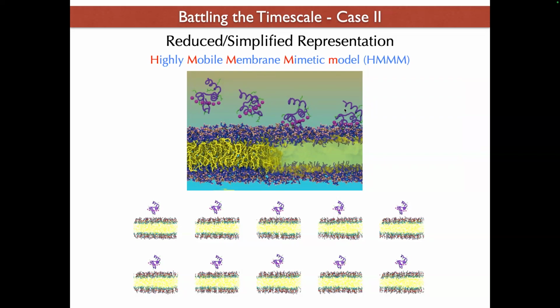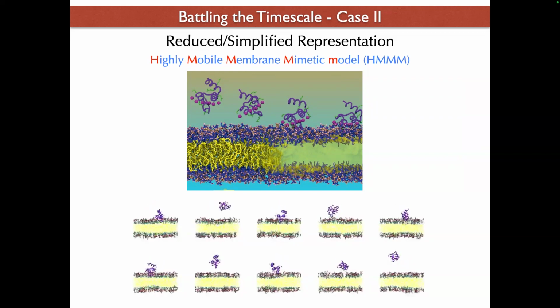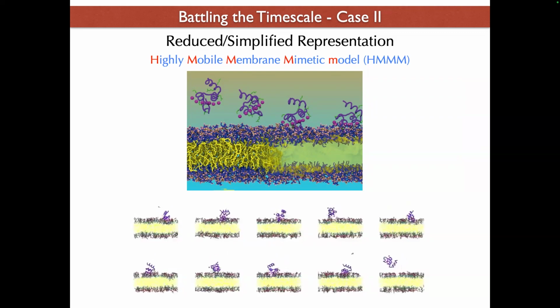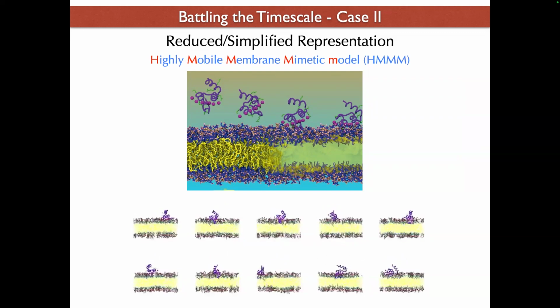We can cut them and fill that area with solvent. We called it by a terrible acronym, HMMM. I can't change it anymore, unfortunately, it's too late. But that allows us to capture the initial binding much faster.